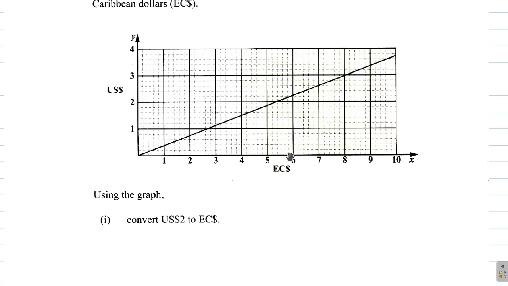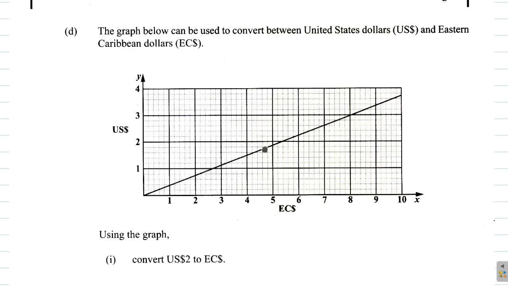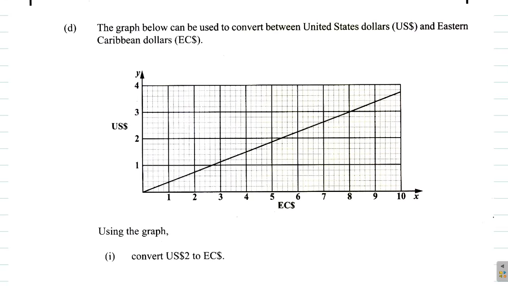All right, so you have the graph here. What they say? Use the graph. Part 1: Convert US $2 to EC dollars. Using the graph, if you go up to where US $2 is, you have it here.